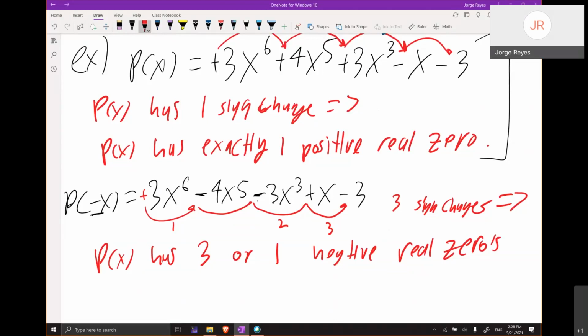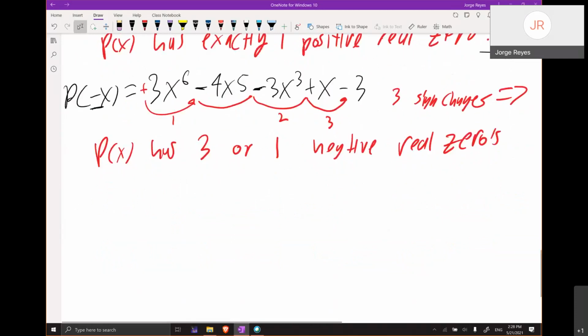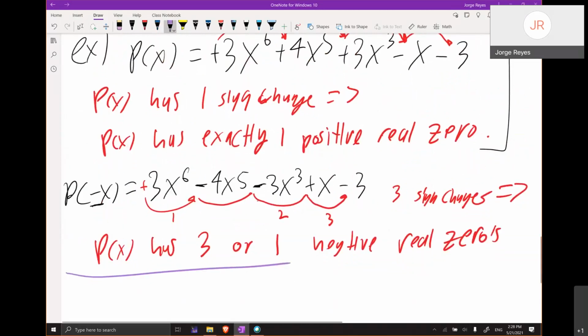Okay, all right, and I actually don't know if this thing factors. Let me try. This is off the script. So P of X is 3x to the 6th plus 4x to the 5th plus 3x cubed minus x minus 3.